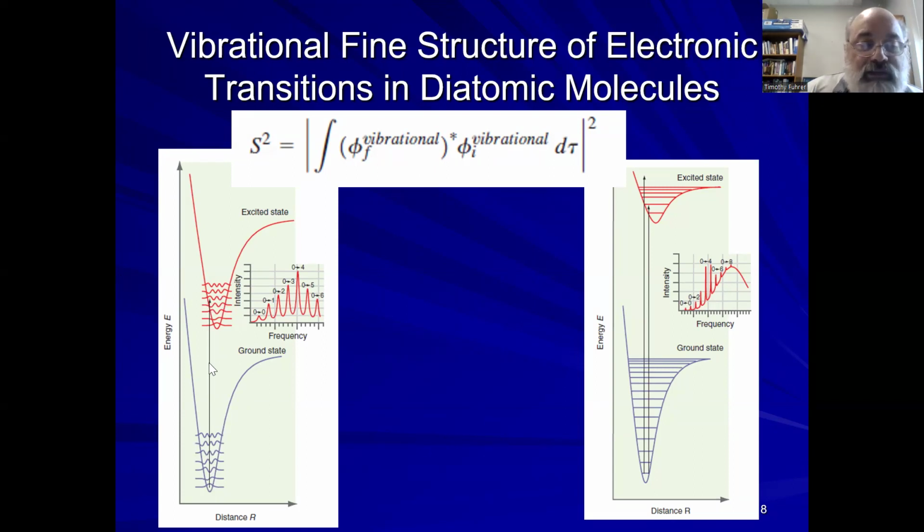And in this particular case, it would be easier to absorb that light and come to here than to come to this state, because there is overlap between the ground vibrational state here and this higher excited vibrational state.